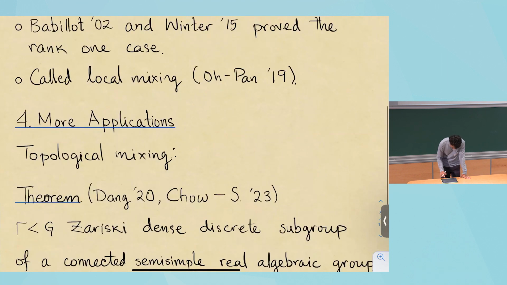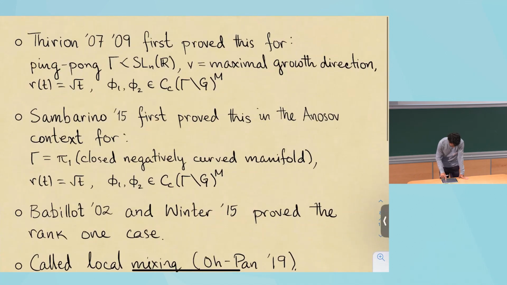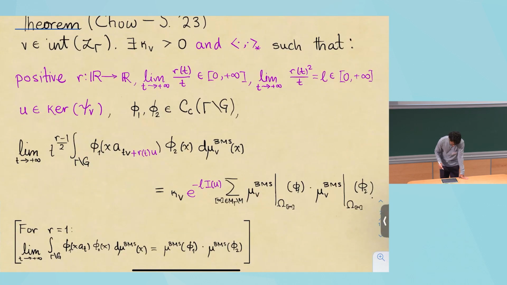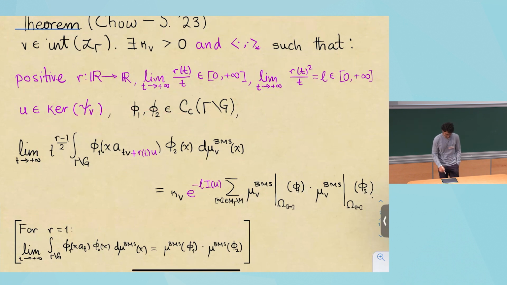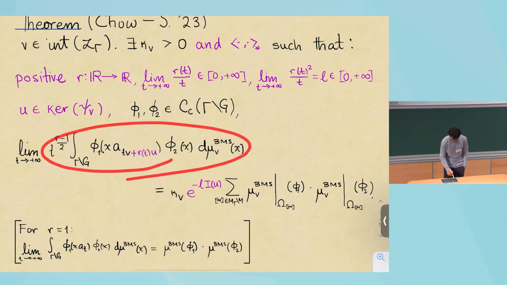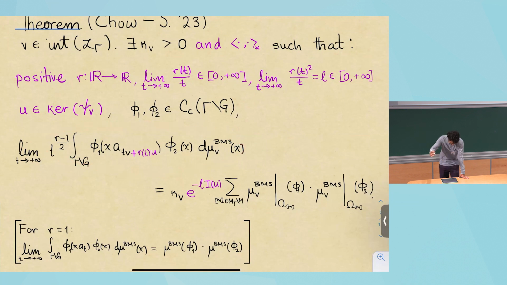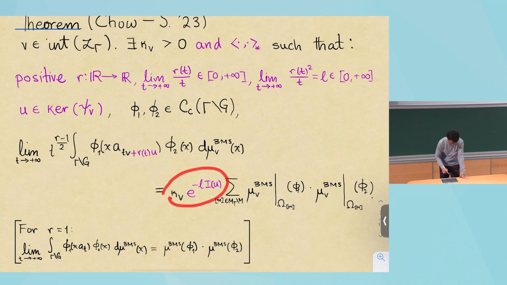Okay, so now I want to discuss some more applications. Oh, I actually forgot to mention something. In this theorem, another important point is that not just this limit, but we can also give a uniform bound for this. So if you flow far enough, this quantity is bounded by an expression of this form.